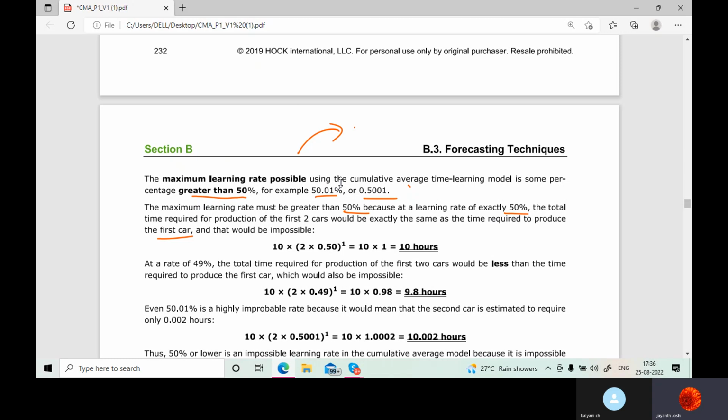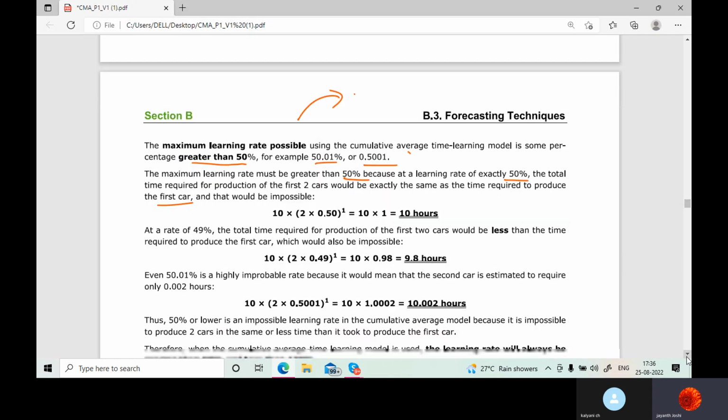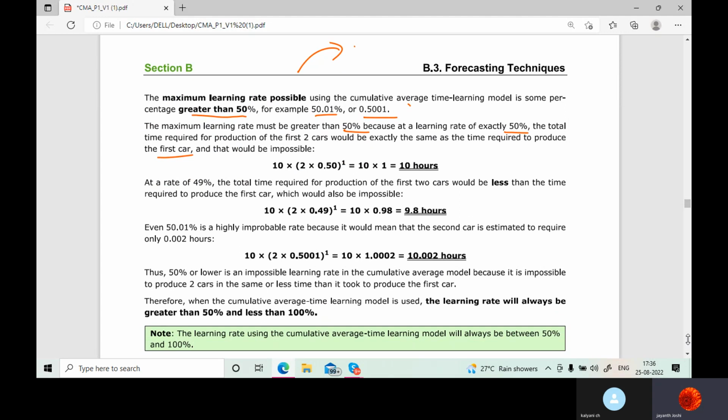At exactly 50%, the time required for production of the first 2 cars would be the same as the time required to produce the first car. That would be impossible, because if you have a learning curve, you will take less time.